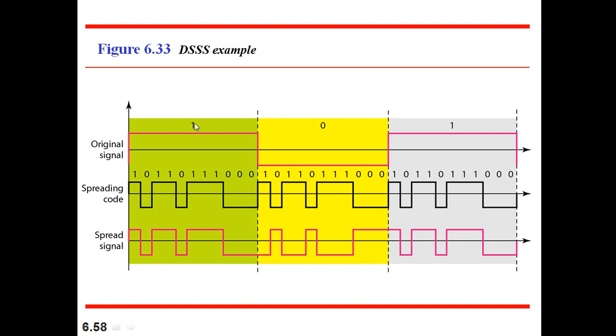In the sense, we are representing this 1 with 11-bit information. Here this 1 bit is XORed with these 11 bits. This one is XORed with the first bit of the chipping sequence: 1 is XORed with 1.